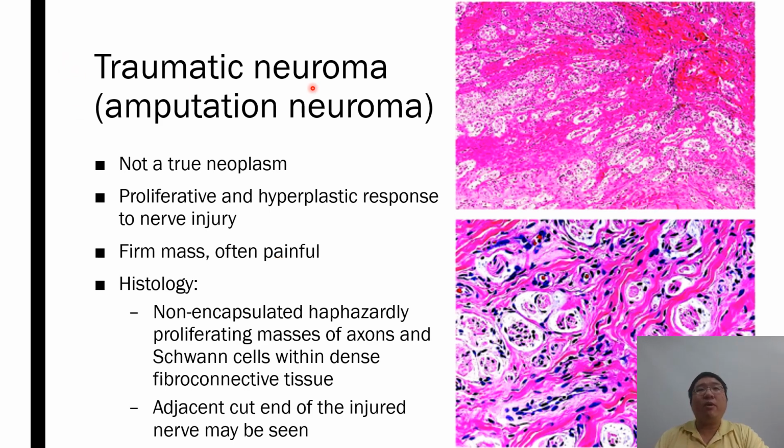The trauma stimulates proliferation and hyperplastic response of the nerve that has been cut. Histologically, we see non-encapsulated, haphazardly proliferating masses of axons and Schwann cells within dense fibroconnective tissue. The adjacent cut end of the injured nerve may also be seen.